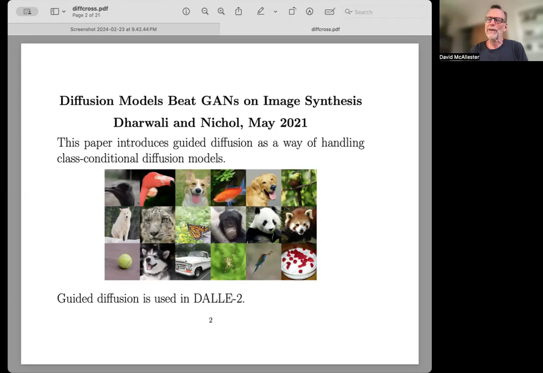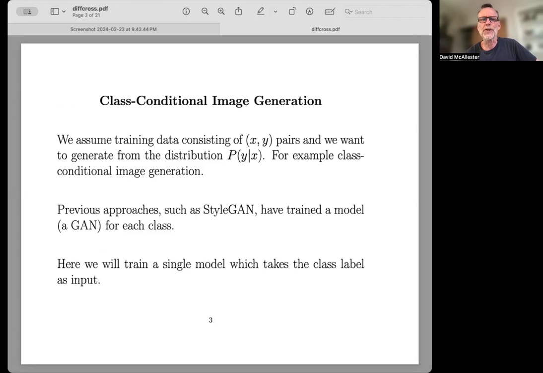And what we're going to be talking about today is tricks for diffusion generation that really improve the quality of the images you see. And the main trick is something called guidance. So, this is the first paper that used guidance. So, class conditional image generation.